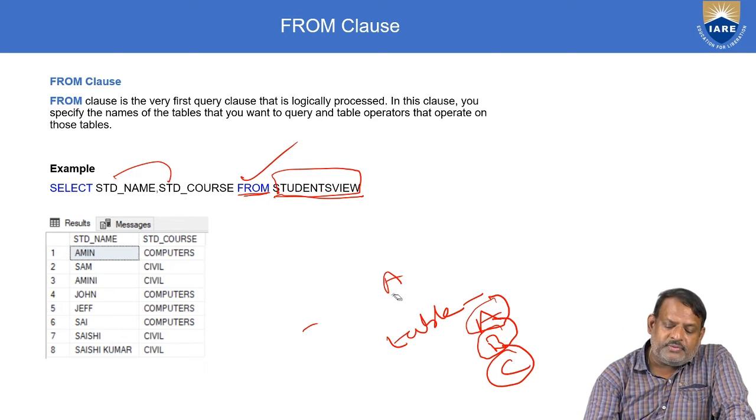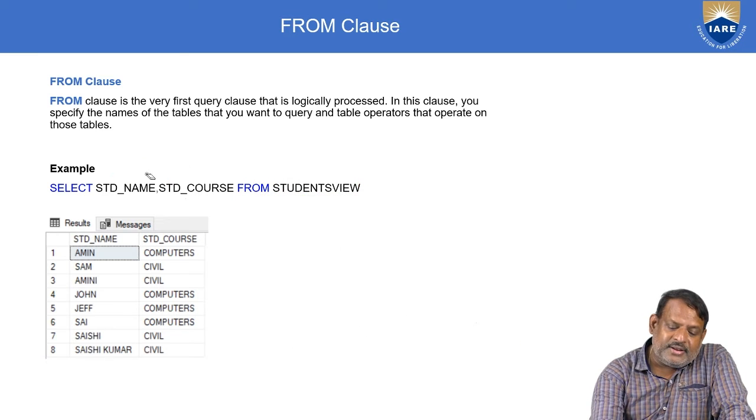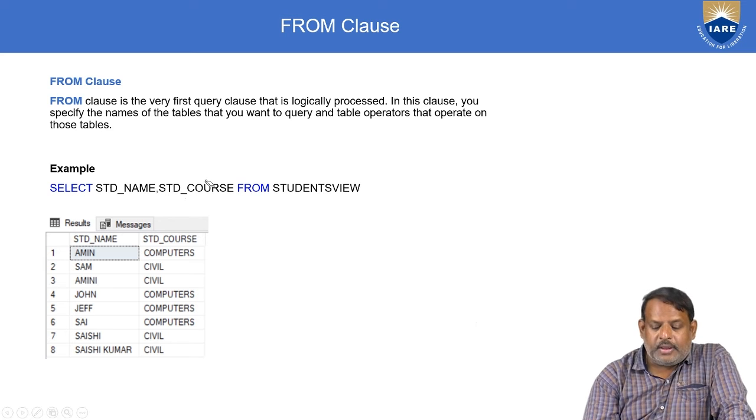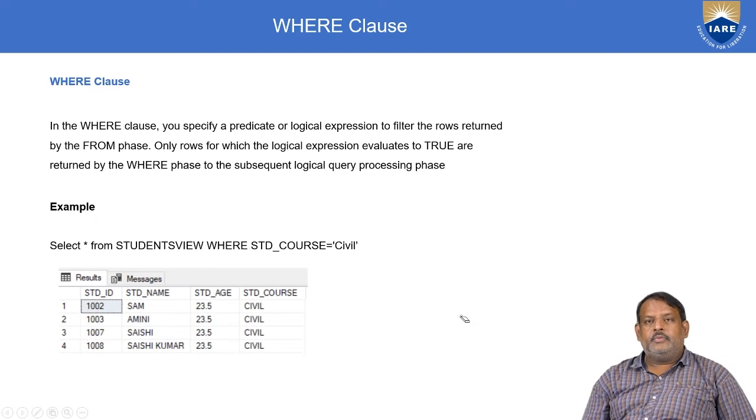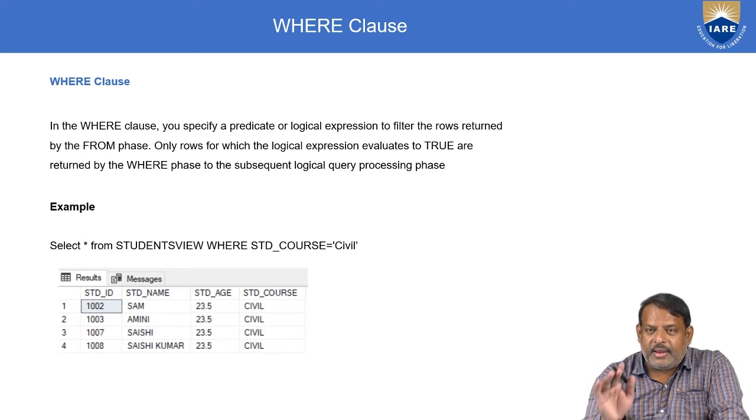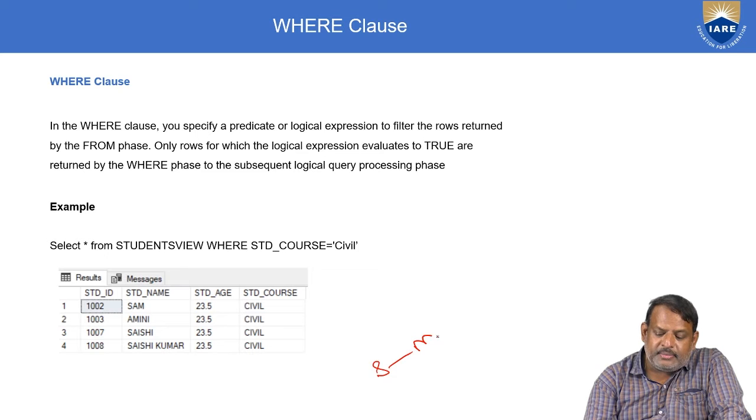Okay, we have finished the select and from clauses. Now we'll go to the third clause. If you see the hierarchy, I said select is mandatory and from is mandatory.